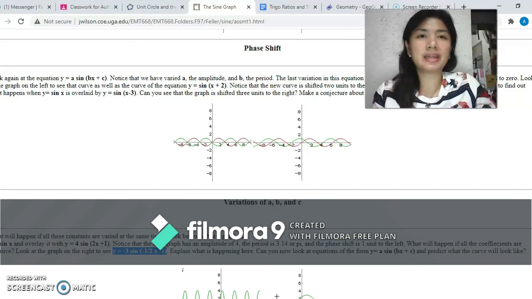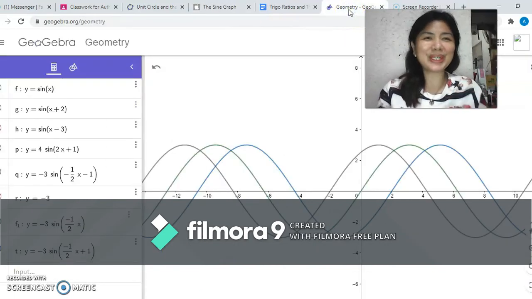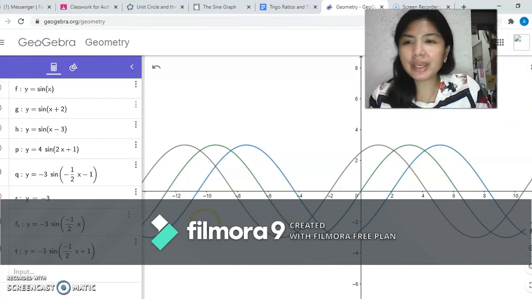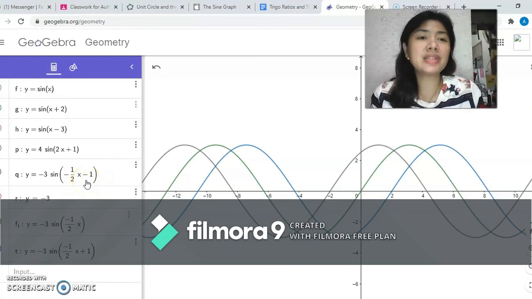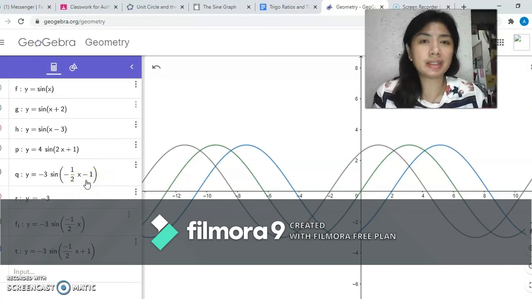For a better picture and a better visual, here's the example. Here we have B equals negative 1/2, so we have a negative B. This one is negative 1, so it's a shift going to the right.